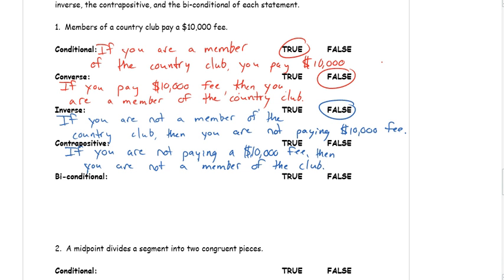Okay, so if you're not paying a $10,000 fee, then you are not a member of the club. To be a member of this particular country club, you have to pay a $10,000 fee. So you can't just not pay a $10,000 fee and be a member of the club. So we would say that this one is actually true.